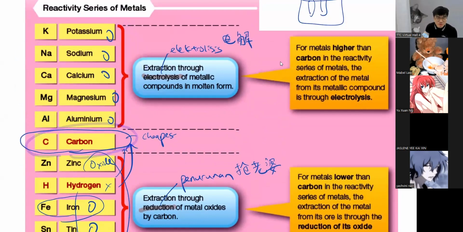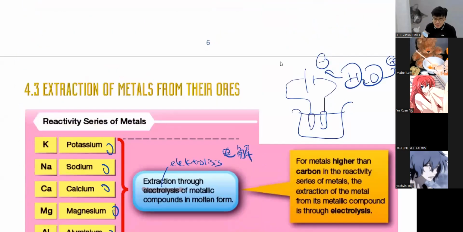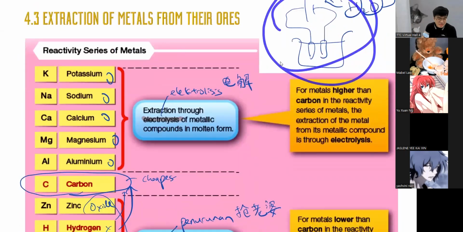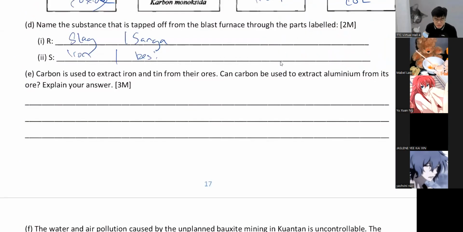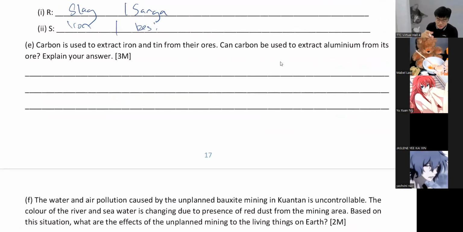You have to use electrolysis, that means use electricity to break them down. So can it be used to extract aluminium? No, tidak. Explain your answer. Because aluminium is more reactive.